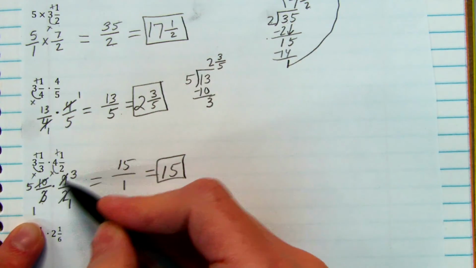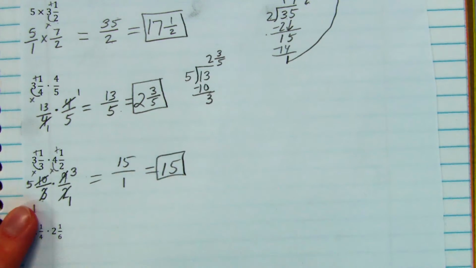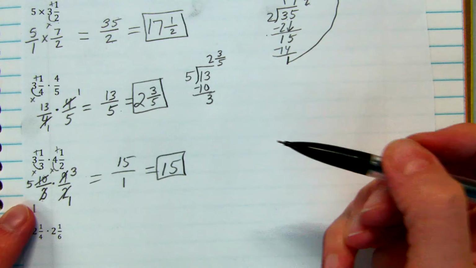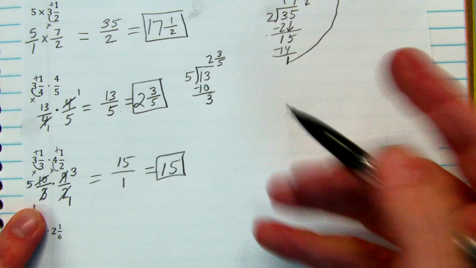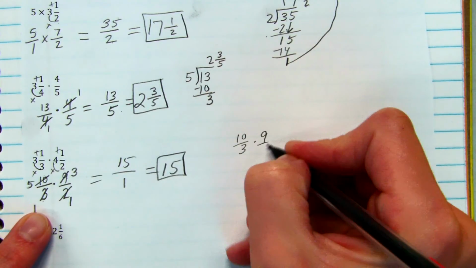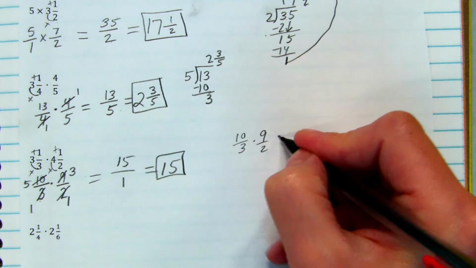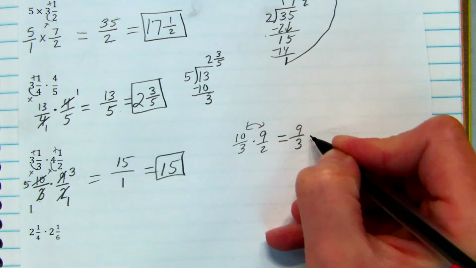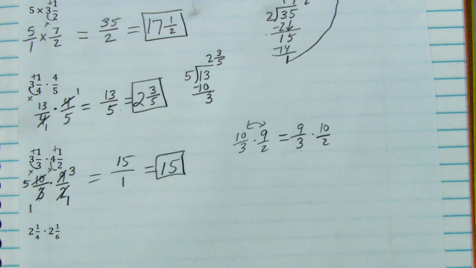So if you're cross-canceling up here, that helps. And if it's confusing you to think about reducing across this way, you could do what I was showing you yesterday with switching the numerators. So we had 10/3 and 9/2. 10 times 9 and 9 times 10 would be the same thing. If you wanted to, you could switch these numerators and make it 9/3 and 10/2 and reduce them so that they look like fractions that are together.